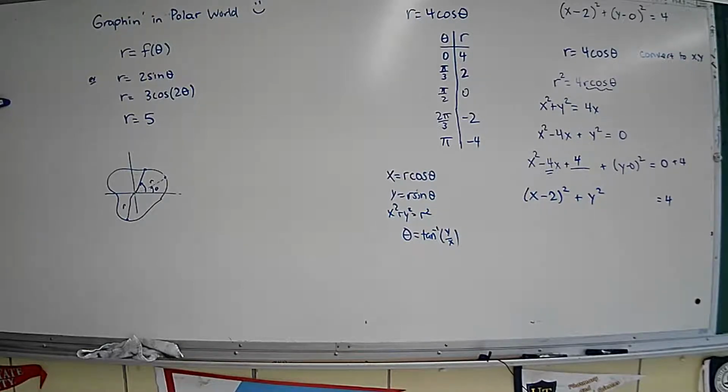All right, so this is what I want you to do for me right now. I want you to change this and change this so that you only graph that first petal. Did you do it?